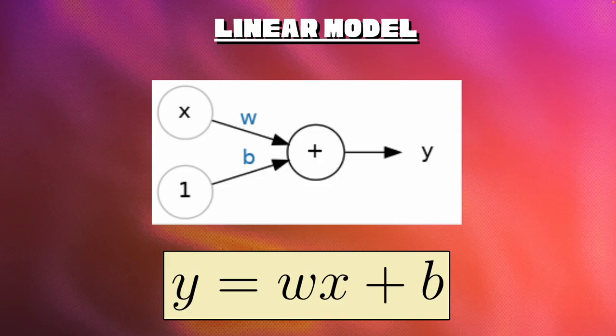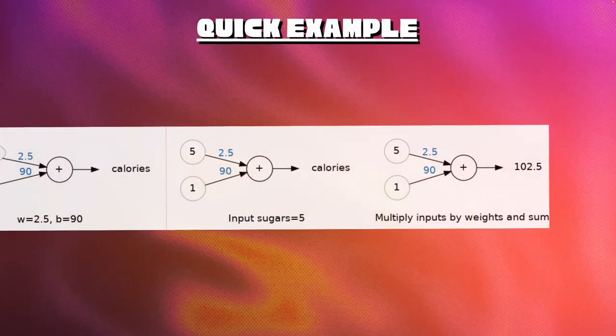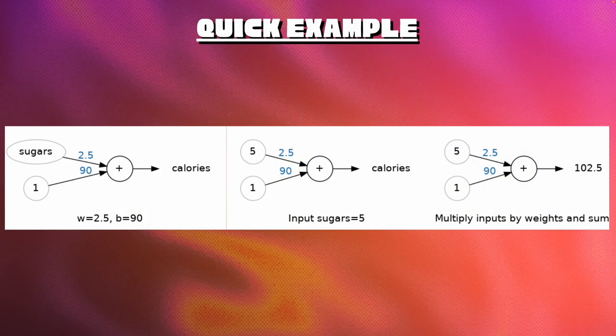And then you'll have a bias. This bias pretty much shifts it around, which I'll show you visually what this looks like. But first of all, we want to go over a quick example, so make sure you guys get it. Ready? Let's say we're trying to predict how many calories, given how many sugars. You input sugars, and you're trying to predict how many calories.